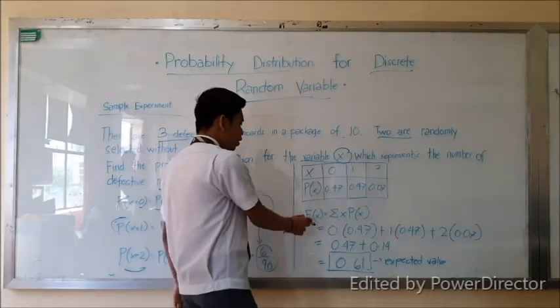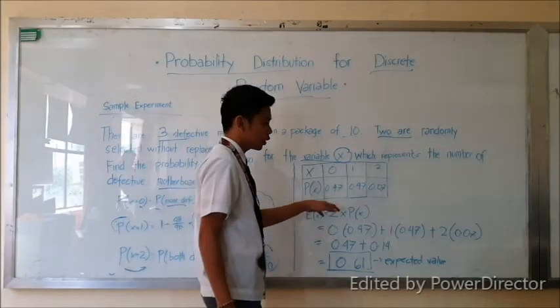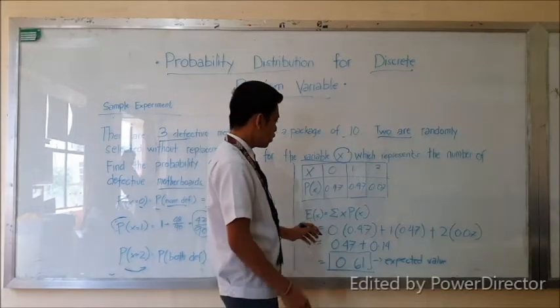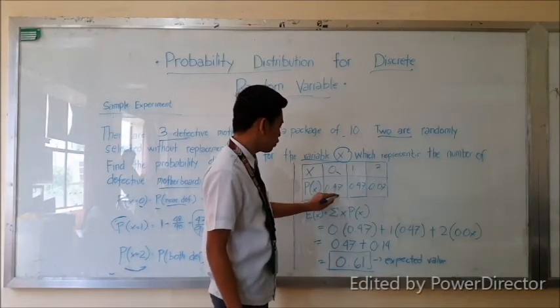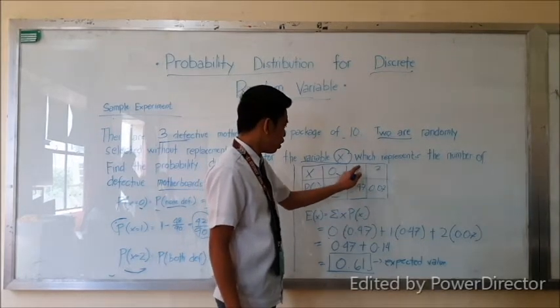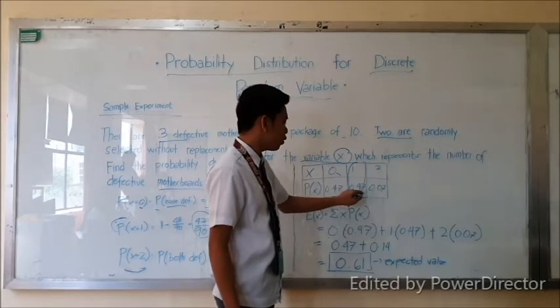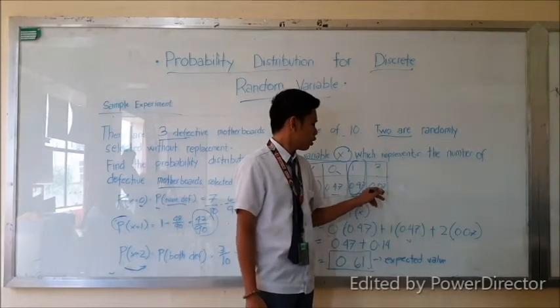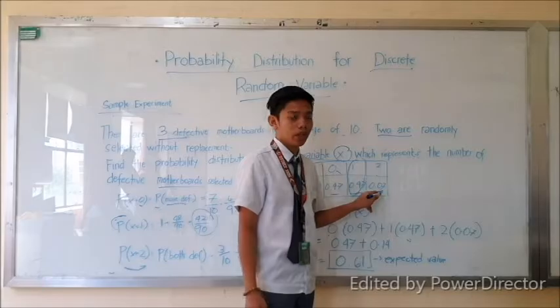So, the expected value of x is the summation of x times P(x). So, the first is 0. We have 0.47. 0 times 0.47 plus 1, 1 is 0.47 also, so 1 times 0.47 plus 2 times 0.07.